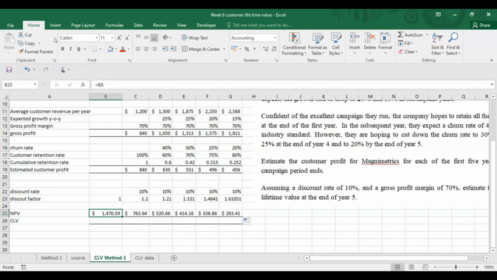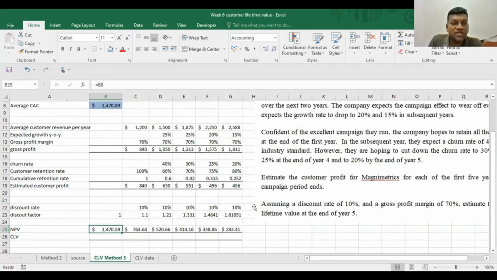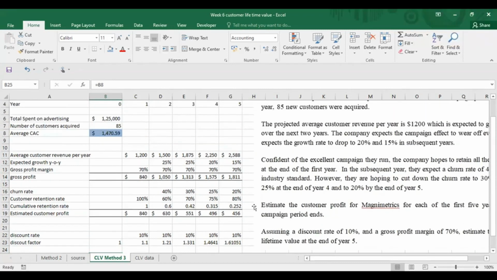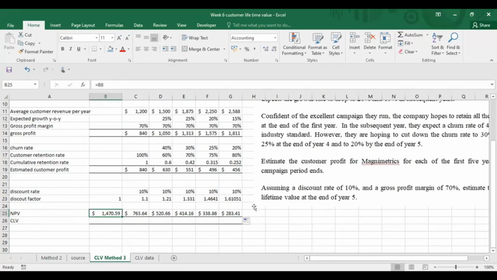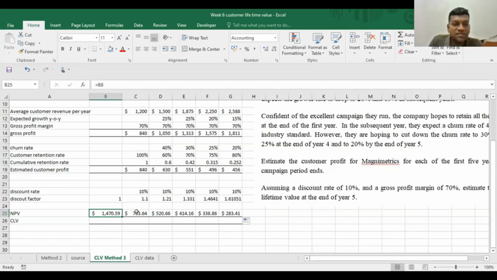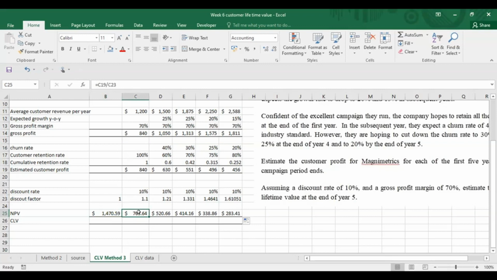Okay, sir. Got it. Actually, sir, in row number 25, I'm getting some different value instead of 763.64. So which cell are you talking about? Row number 25, C25.